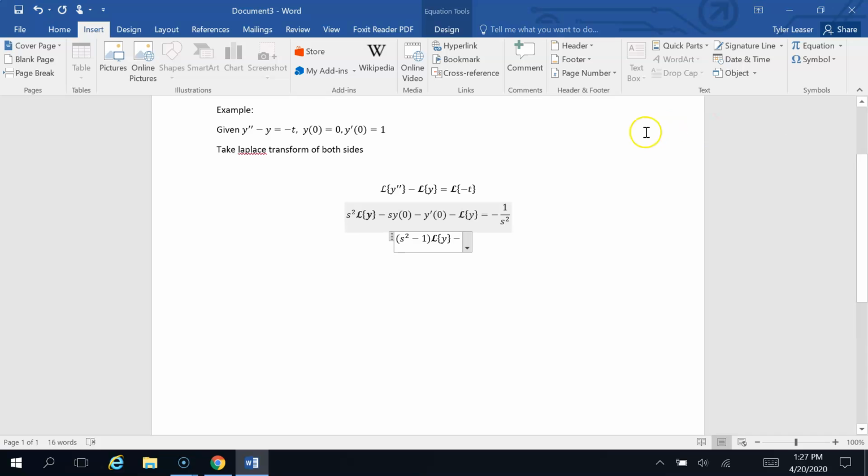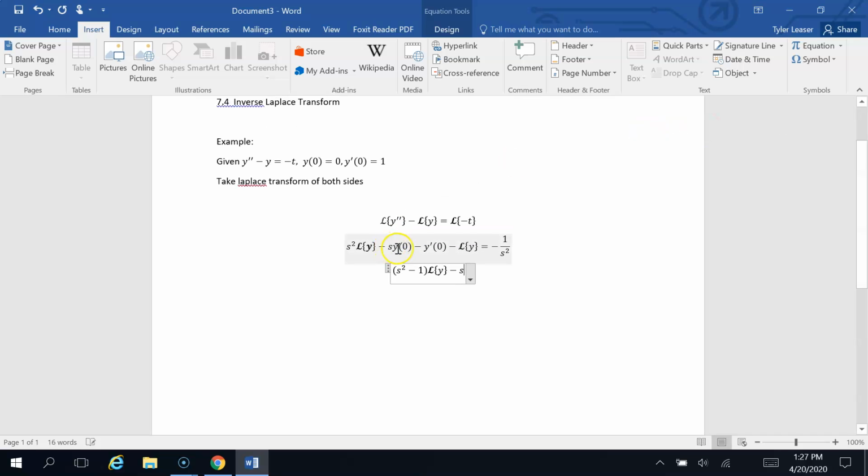Okay, minus s times y of 0, so that's the initial condition, so this is going to be s times 0, and then minus the first derivative of y at 0, which is 1, and that's still going to be equal to negative 1 over s squared on the right-hand side.